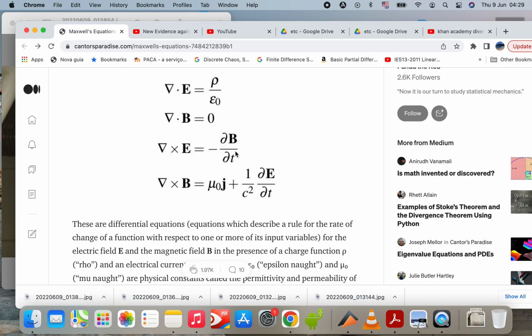But we really can calculate this time derivative of the B field. There's going to be lots of things in physics that we can use to calculate this. So we effectively can get an initial condition for the electric field.